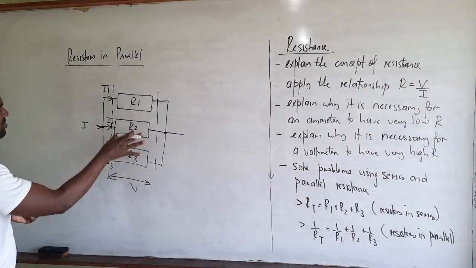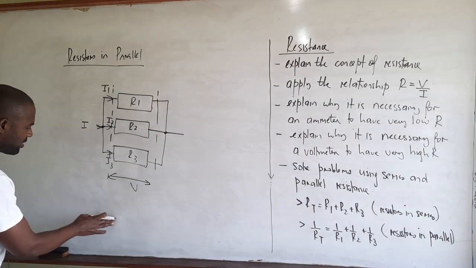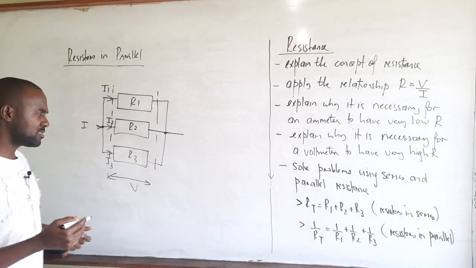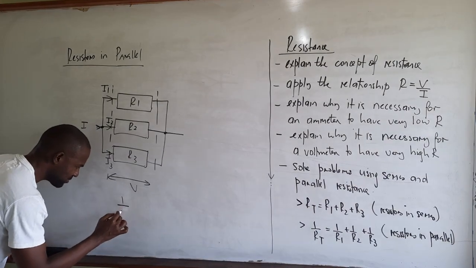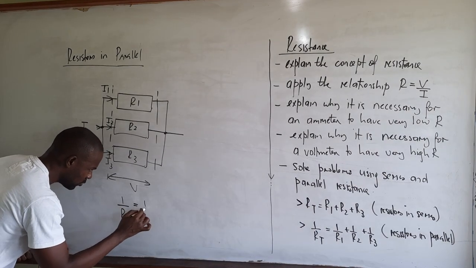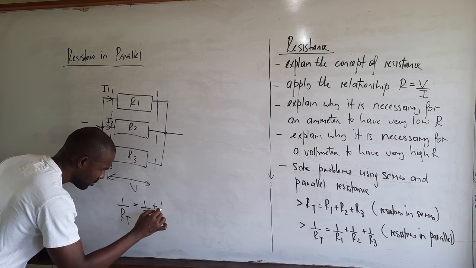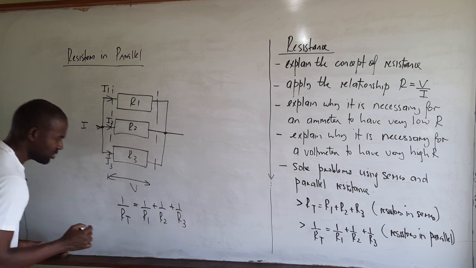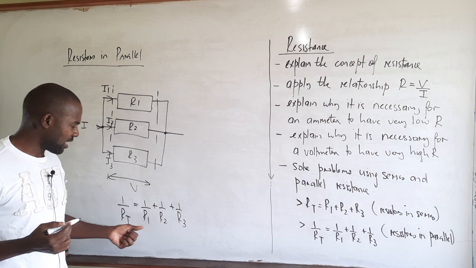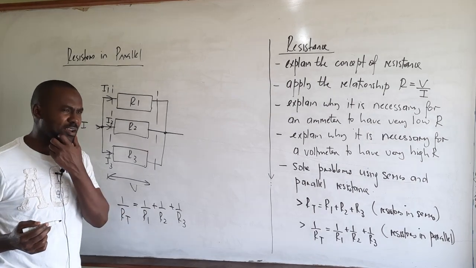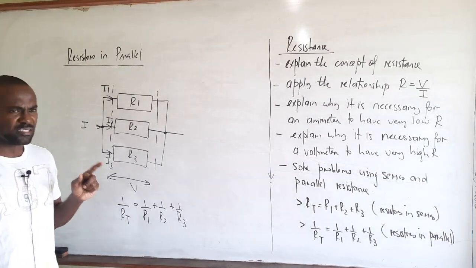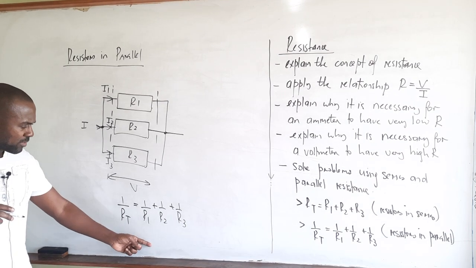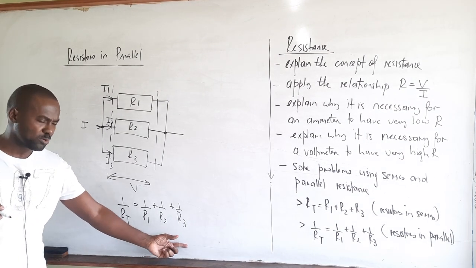Now, these resistors are basically connected in parallel, and the expression which gives their total effective resistance is this: 1 over RT is equal to 1 over R1 plus 1 over R2 plus 1 over R3. So if three resistors of resistances R1, R2, R3 are connected in parallel, their total effective resistance RT can be obtained from this formula: 1 over RT equals 1 over R1 plus 1 over R2 plus 1 over R3.